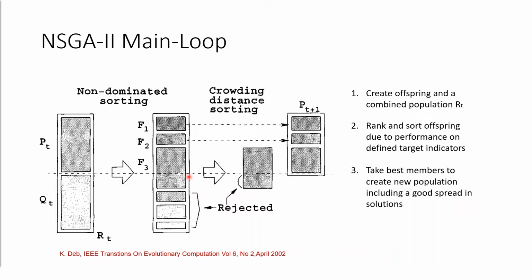And if the last front, here F3, is too big for all individuals to get into the new parent population of the next generation, then, because all individuals in one front have the same performance, crowding distance sorting is used, which I will explain in detail later as well. It allows us to pick some individuals and fill up the population of the next generation until it reaches its original size.